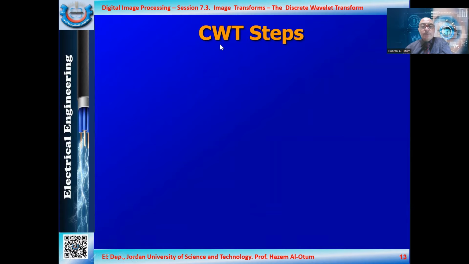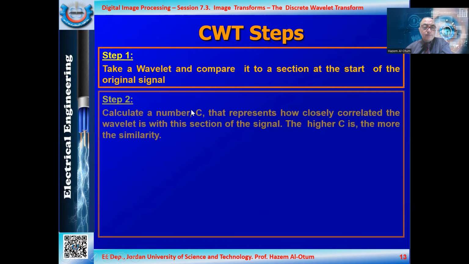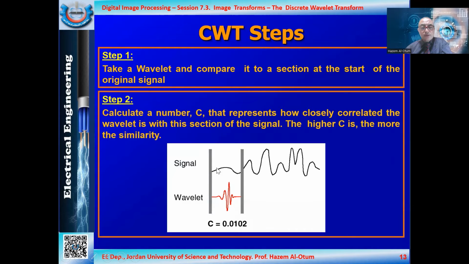Now let's do a simple example on the continuous wavelet steps. Let's take a wavelet and compare it to a section of your signal. Suppose that this is your signal in the black color, and this is the wavelet that we take in this case. And we need now to find, for this specific scale, the correlation, let's say, how closely the wavelet is correlated with this section of the signal.